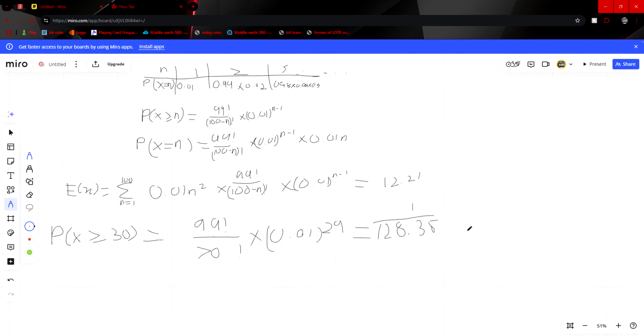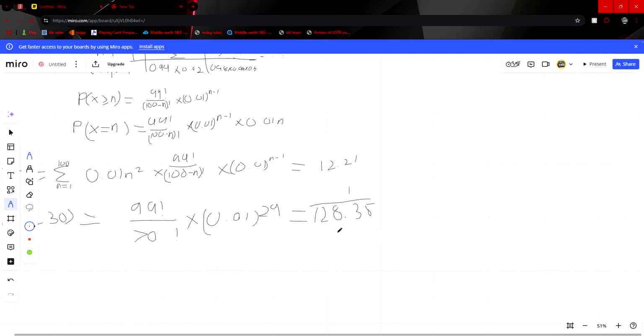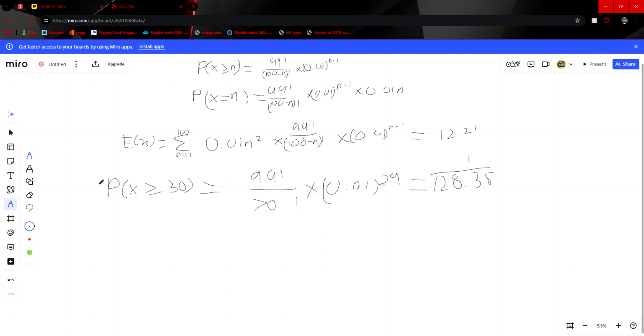So I'm going to write 1 over 128.35 for this probability. But the expected number of resets you have is 128, and so actually you need 129 goes on average to get 30.